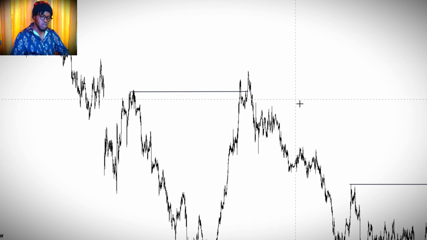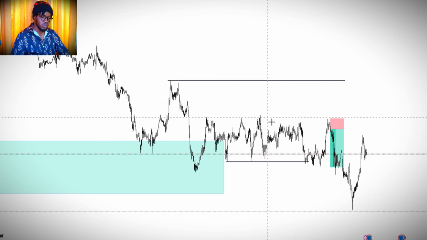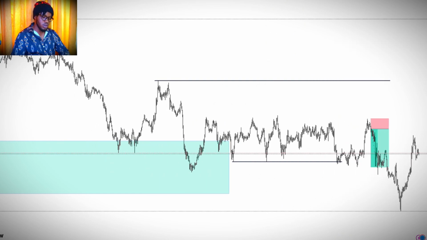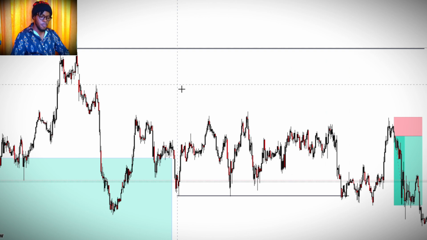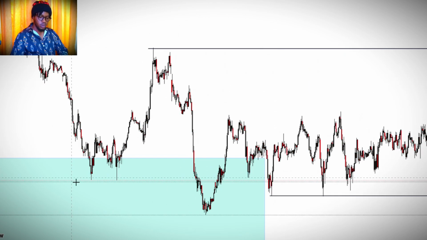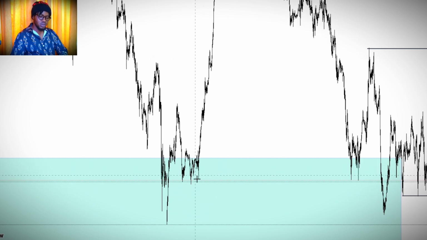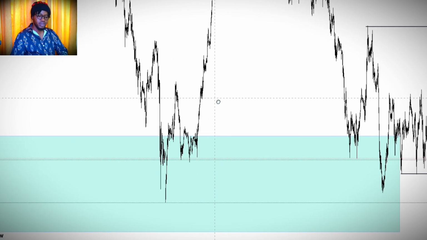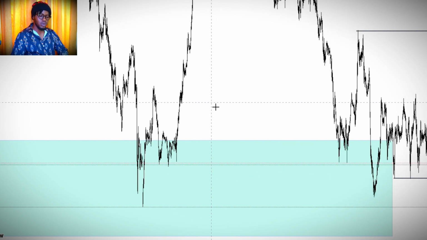After that shift of structure, price went all the way down to this point, and right now price is at this point. Price tapped into this point and just retraced. You can see this is like a demand zone. I drew it from the higher time frame. This is Euro JPY, you can go check it out on TradingView or whatever.